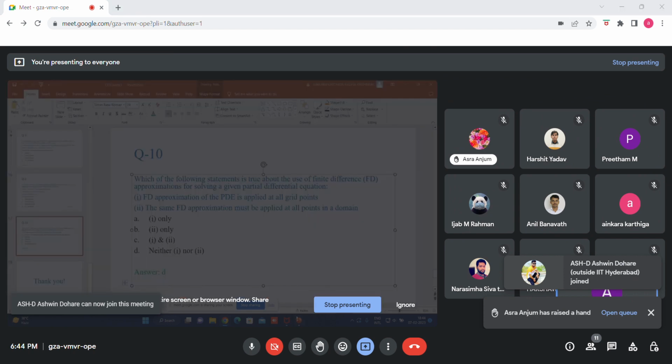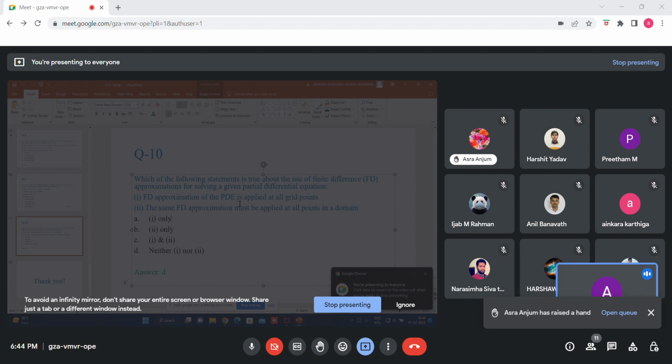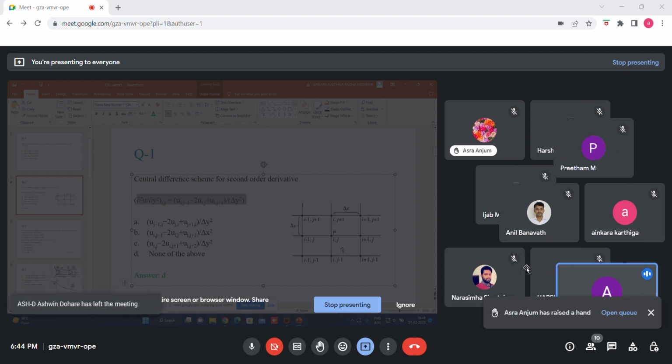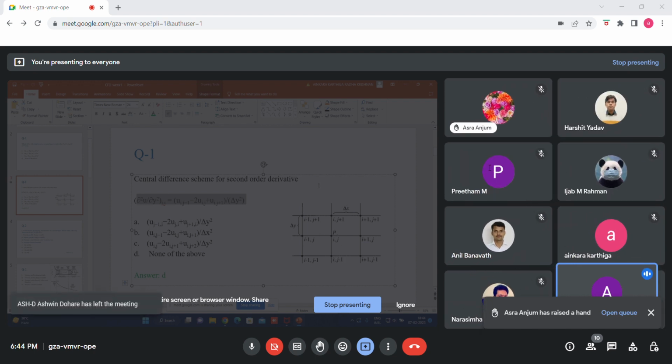And in the next case, it is given that the same FD approximation must be applied at all points in a domain. What I'm saying is, this is one of the approximations. If it is not efficient in giving the solution, it won't be the same delta y in all the cases.